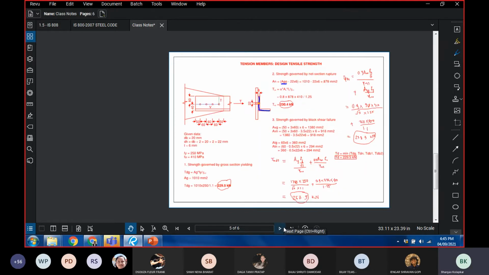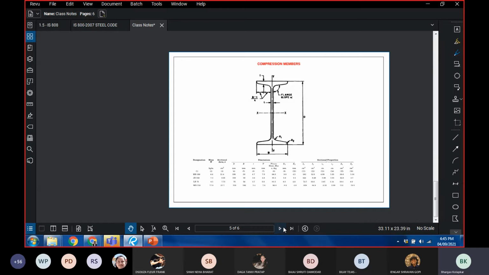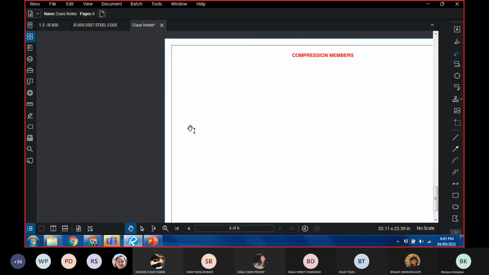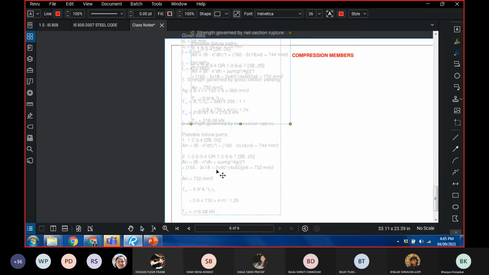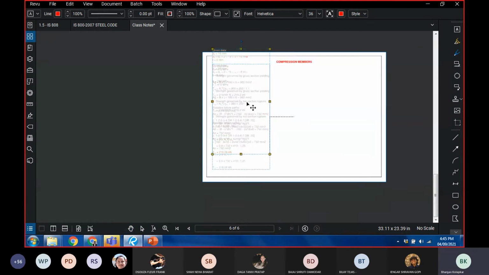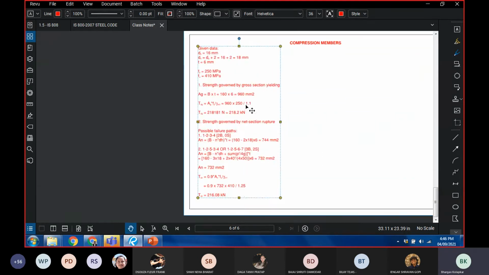Assume the bottom is fixed and the top is pinned.